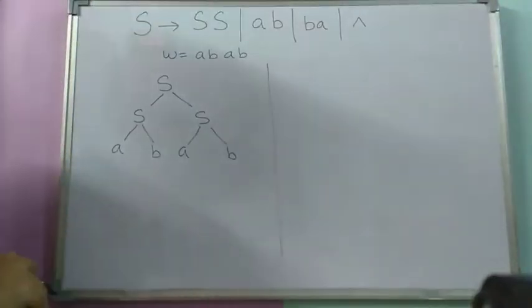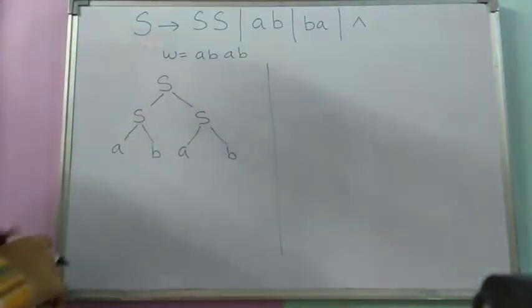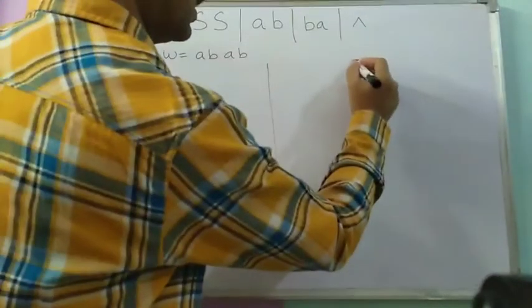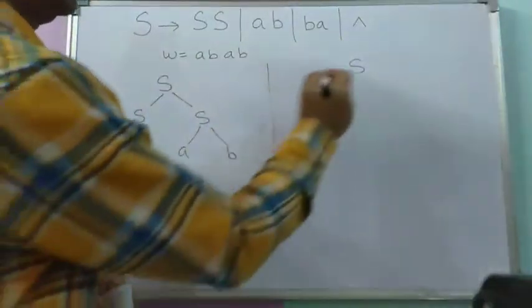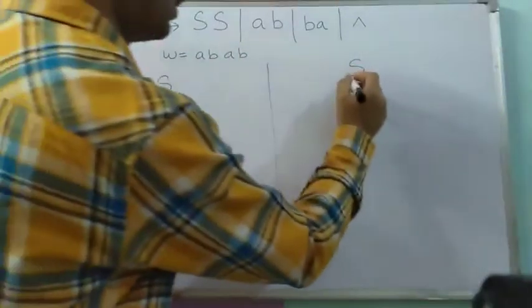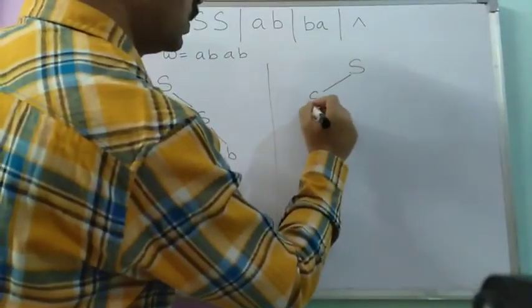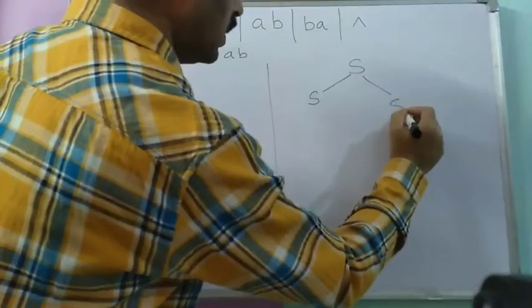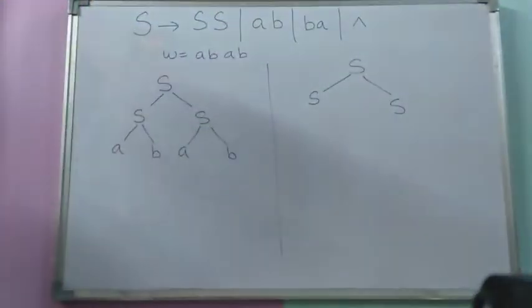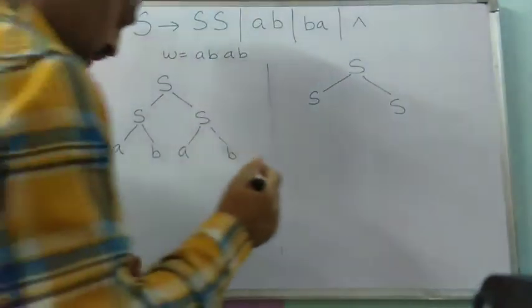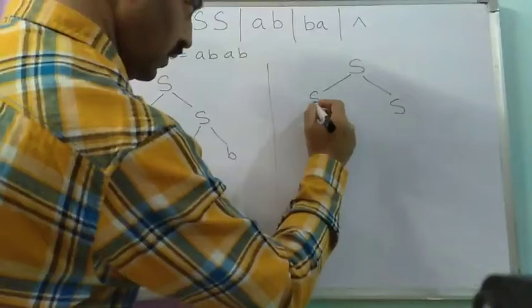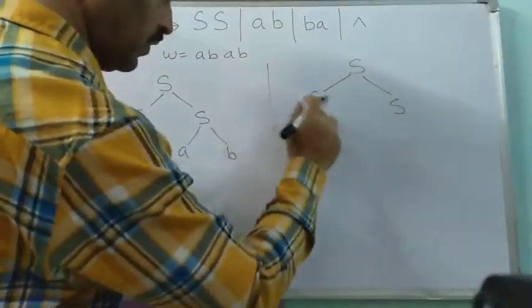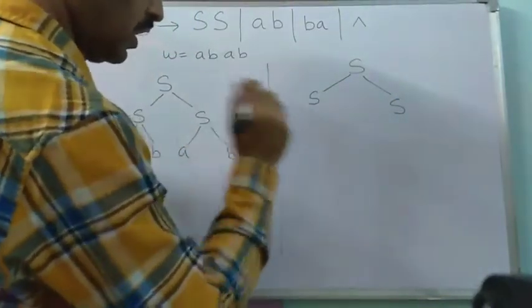Now let us see how we can generate it in a different manner. We again start with S because we want ABAB. So we are bound to use S to double S. And then among the available ones, we will first expand this S because this is the leftmost.